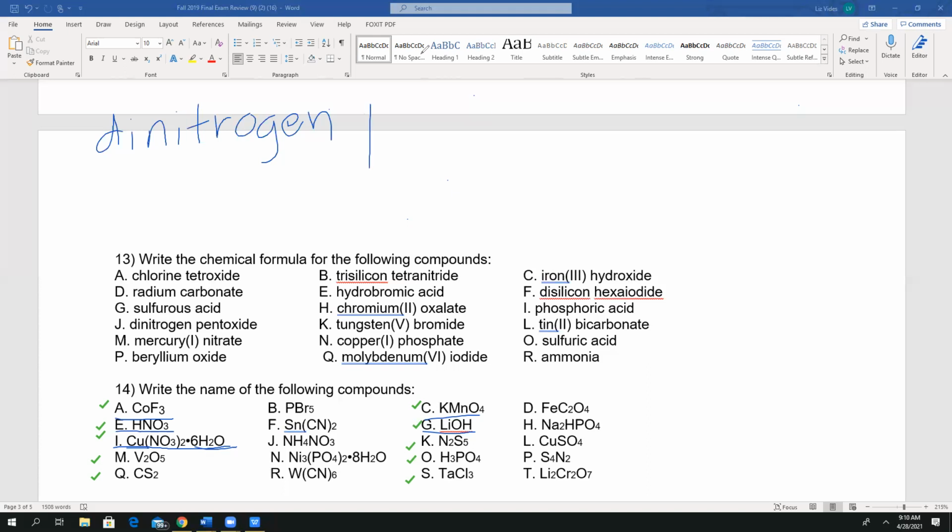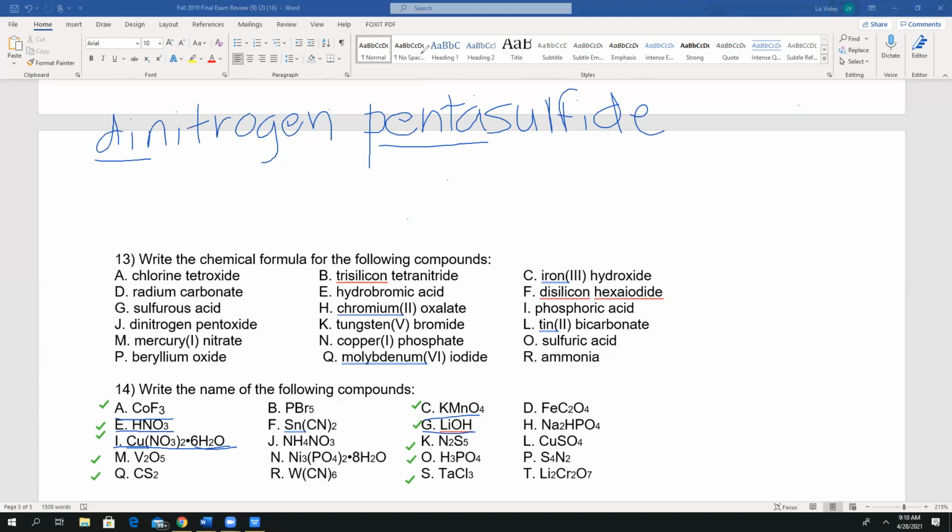So it's penta, right? Sulfide. And this is what is known as a covalent compound. See? Dinitrogen pentasulfide. That's what it's saying.